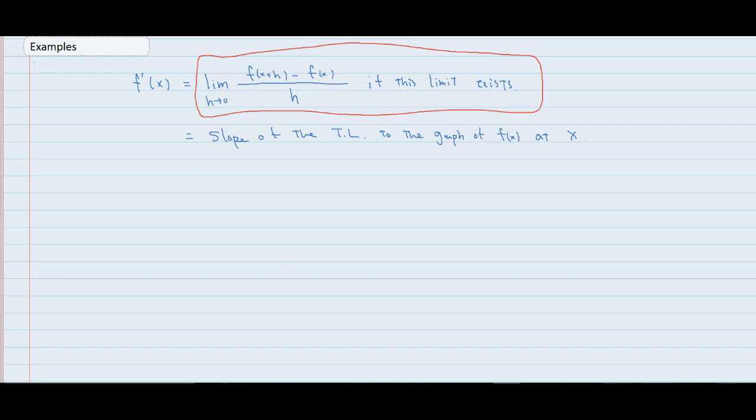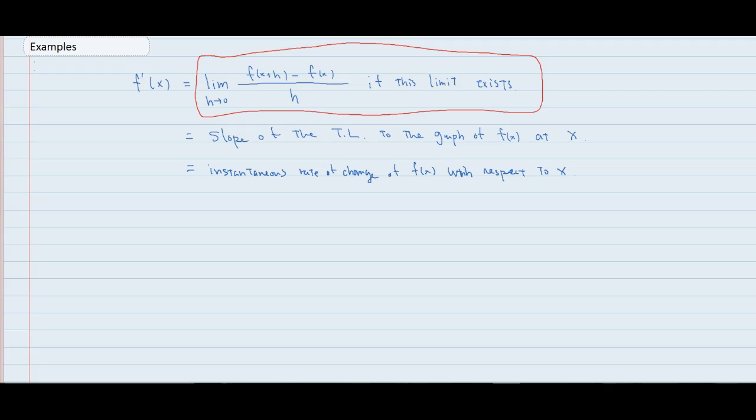And if you give a more general interpretation without referring to any graph, you can also say this is the instantaneous rate of change of the function value f of x with respect to the change in x. So make sure that you can go back and forth between these.